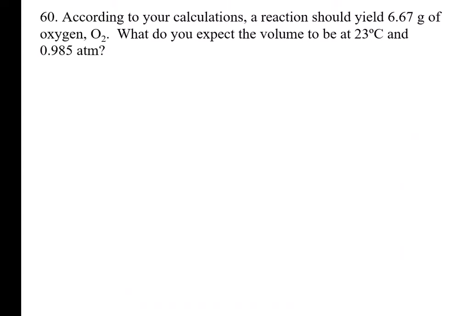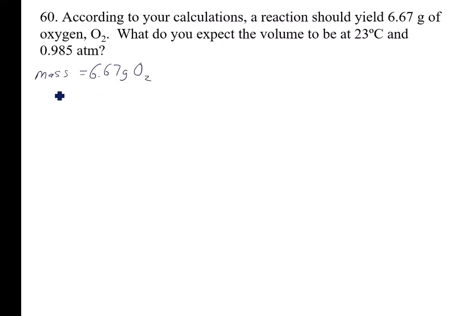So let's do a problem. Number 60 in the book says, according to your calculations, a reaction should yield 6.6 grams of oxygen. What do you expect the volume to be at 23 degrees Celsius and 0.985 atmospheres? So I'm going to start this the same way. I have 6.67 grams of O2, and that is a mass.